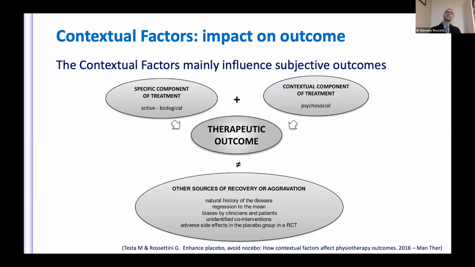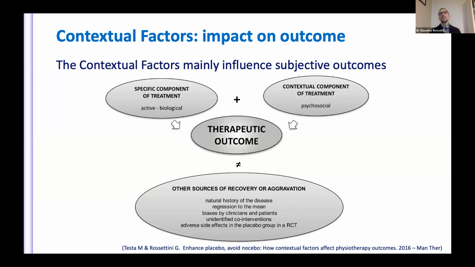Contextual factors interacting with the treatment specificity are able to influence more the patient's subjective outcomes, or the illness dimensions, than the objective outcomes that represent the disease component. Pain, disability, experience, and satisfaction represent examples of outcomes most influenced by contextual factors.